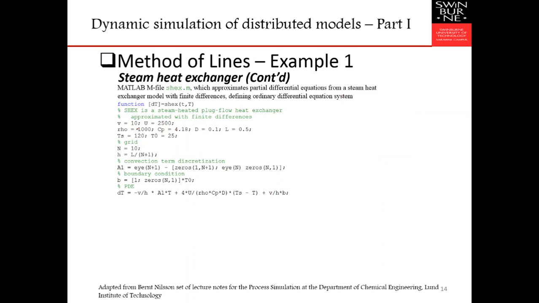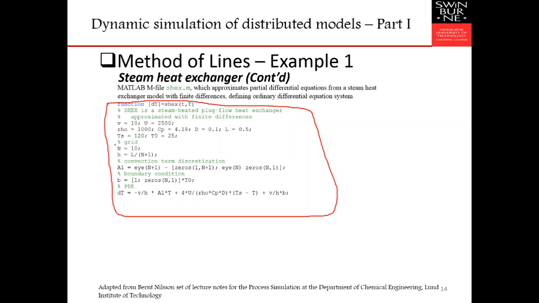Now we need to create a MATLAB function file that defines the ordinary differential equations for each mesh point. This line gives the parameter values, this line creates the grid, and this creates a particular matrix. This one creates the boundary conditions, or the known value, and this one creates your differential equation.